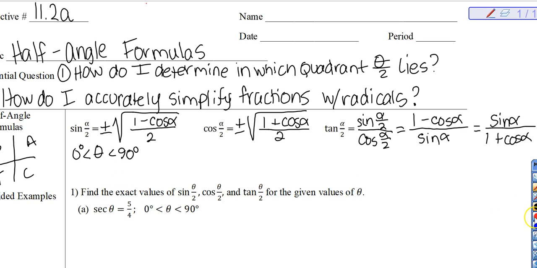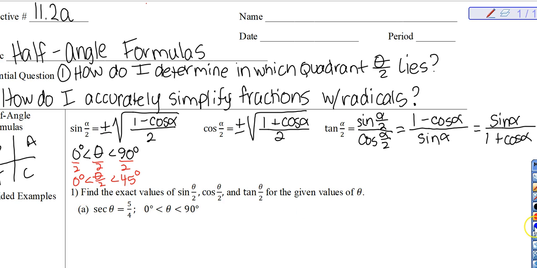To find the quadrant of theta over 2, I just cut theta in half, and I also have to cut the angles in half. So I get 0 degrees is less than theta over 2 is less than 45 degrees. In this case, theta was in quadrant 1, and theta's half angle was also in quadrant 1.